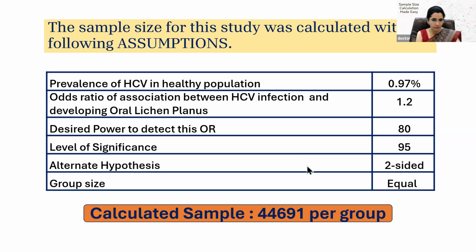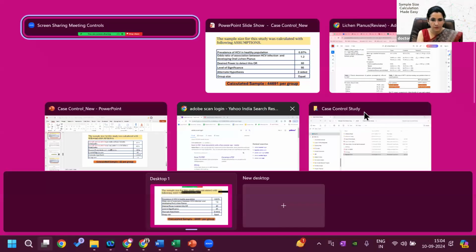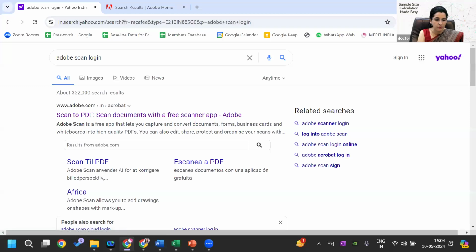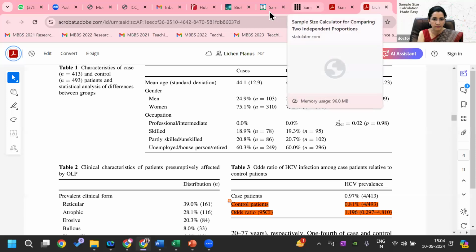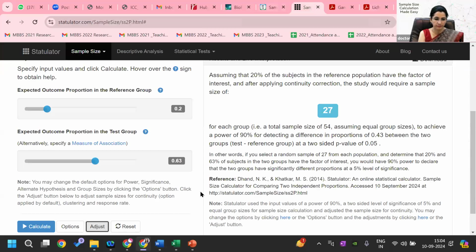So if I have to go to Statulator, here you can see that this is the expected outcome proportion.